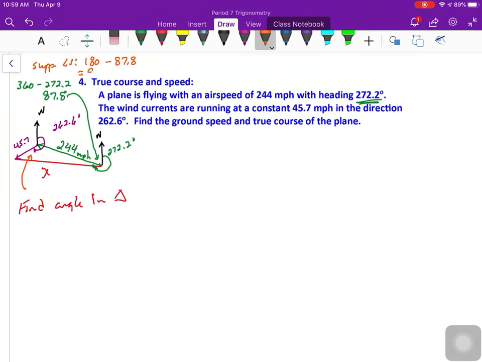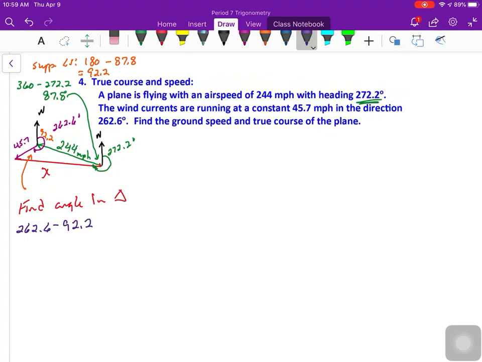And then, if I take 180 minus 87.8, I get 92.2. That's this angle out here.